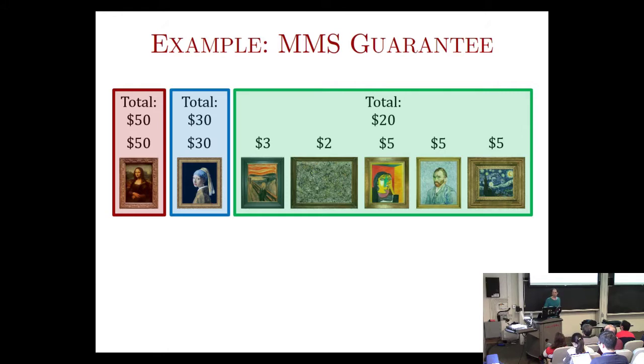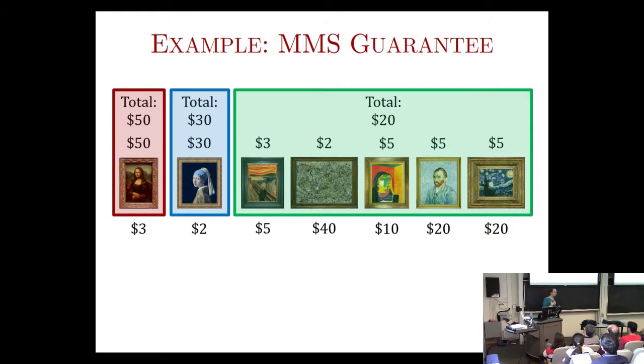So that's pretty good. But now this red sister, the one who chose second, can say, hey, this is really not fair to me, because here are my values for the goods. When I chose, I was only able to choose between these two things that are both almost worthless to me. So I ended up with like $3, which is a very small fraction of my value for everything.